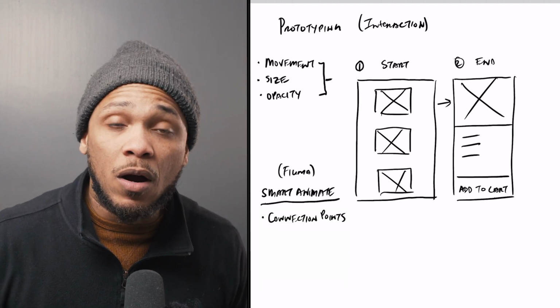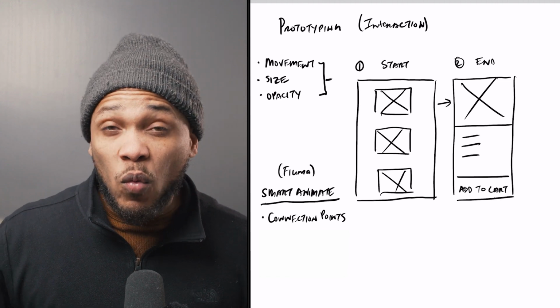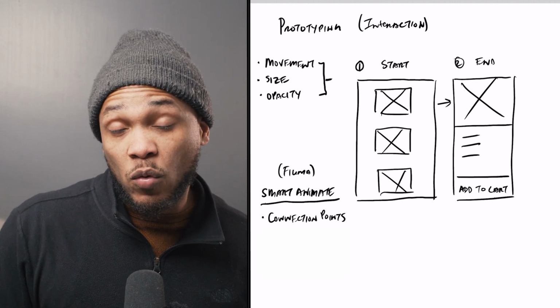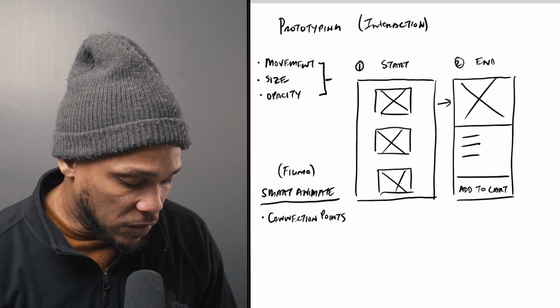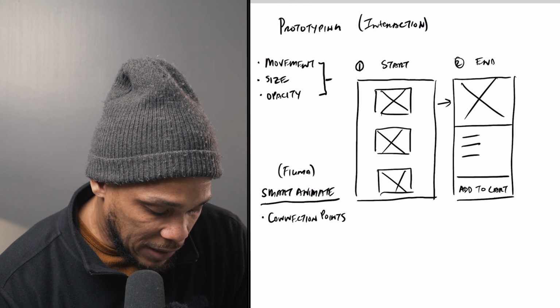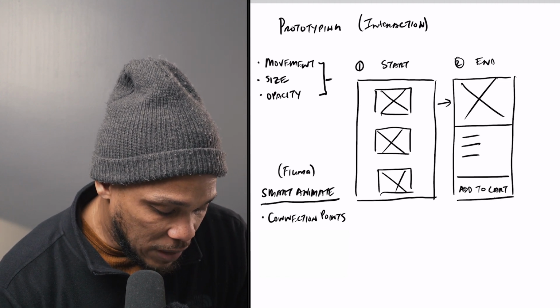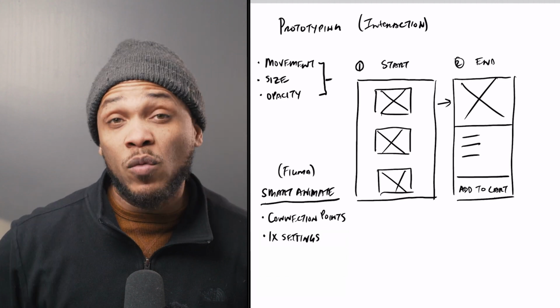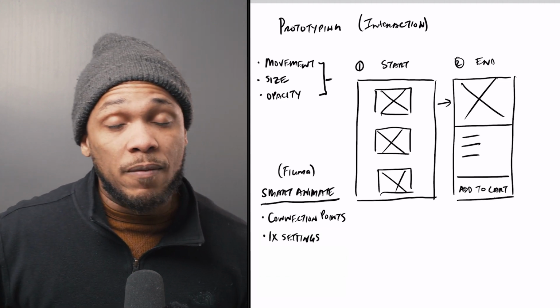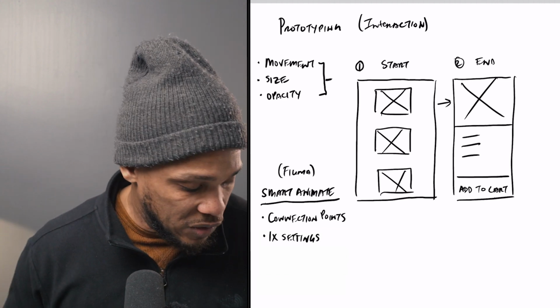These points are how we move or connect one element or screen to the next. Next, we're going to look at the interaction settings, and how to adjust those when we need to for different reasons that we'll get into a little later.